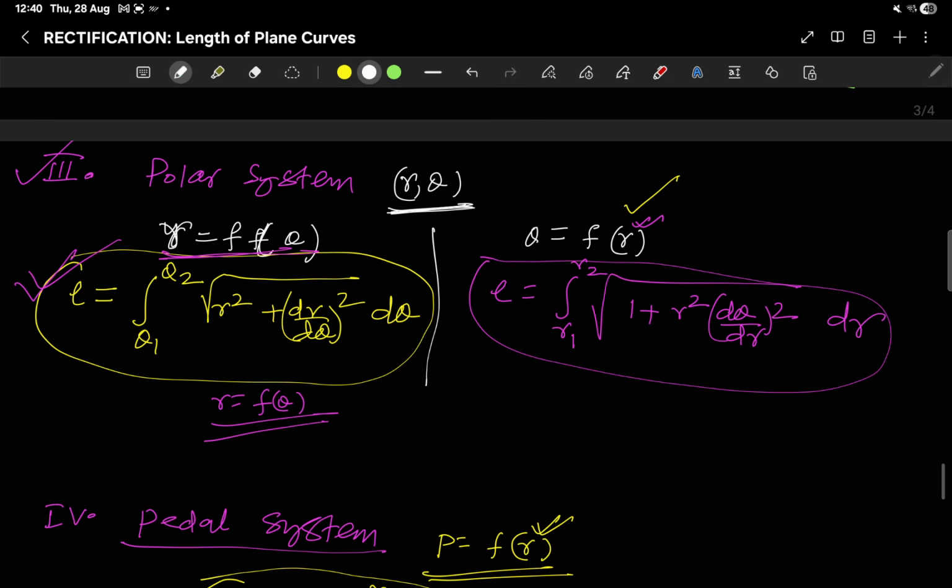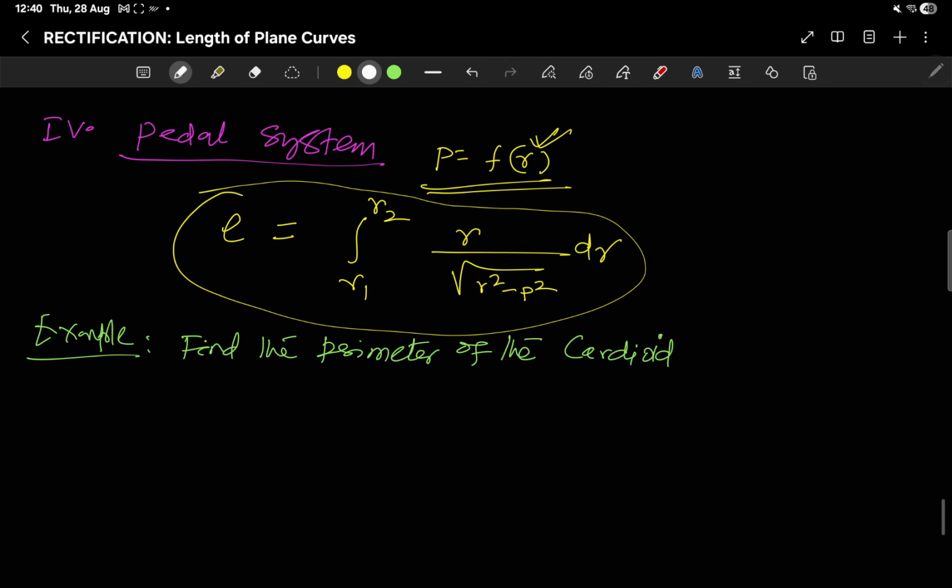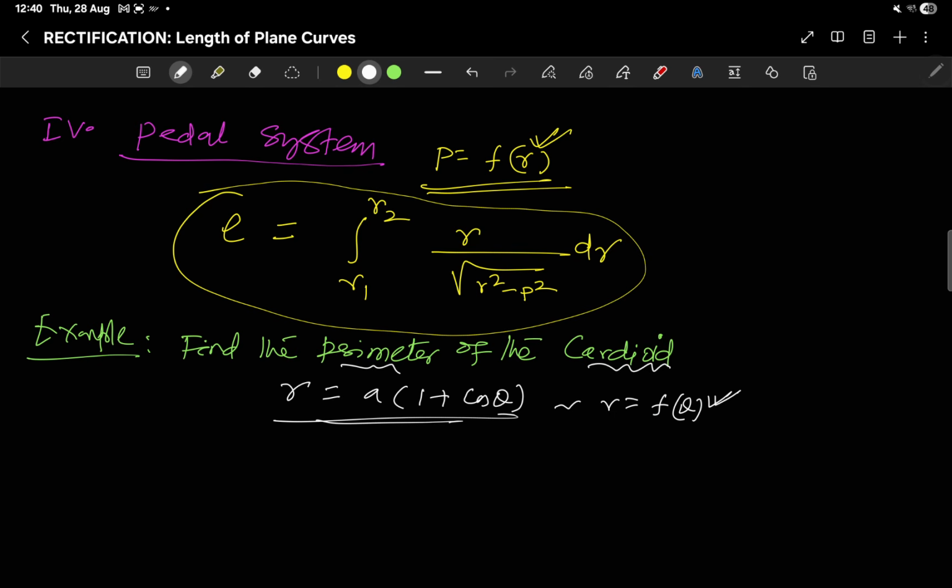So now, in the polar system, suppose we are going to use this formula. Suppose you are asked to find the perimeter of the cardioid. What is the cardioid? r is equal to a into 1 plus cos theta. Since the cardioid is given, it is of the form r is equal to f of theta, so we understand it is in the r theta system.